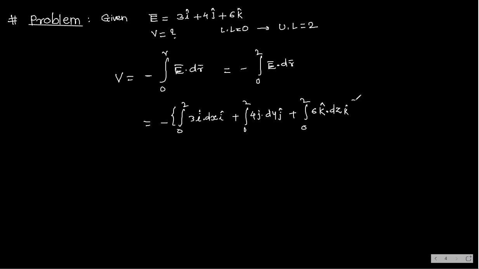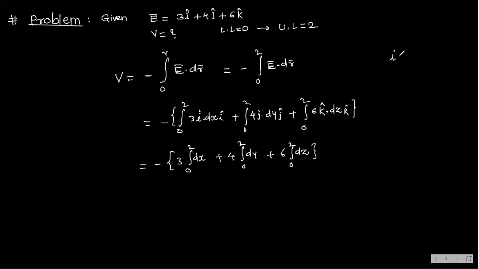Okay, now I dot I is 1, so minus, here 3 outside, integration of dx from 0 to 2, plus 4 outside, integration of dy from 0 to 2, plus 6 outside, integration of dz from 0 to 2.